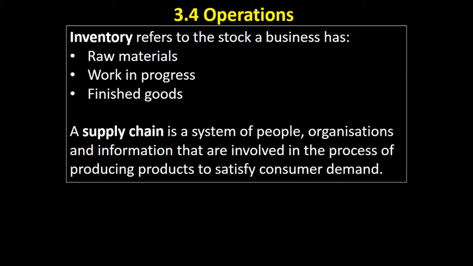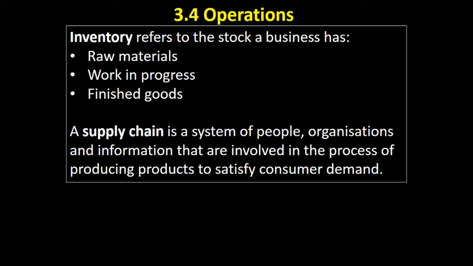The work in progress is raw materials that have started to be manufactured but aren't ready yet for sale. So you can imagine on a car production line a vehicle that had the chassis engineered and the engine, the gearbox put in, but hasn't yet had the interior furnished with seats, etc. That would be an example of work in progress.